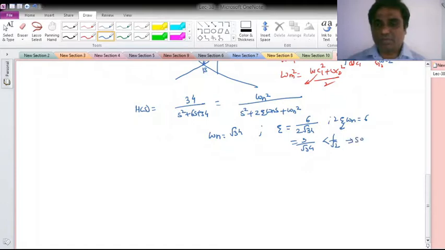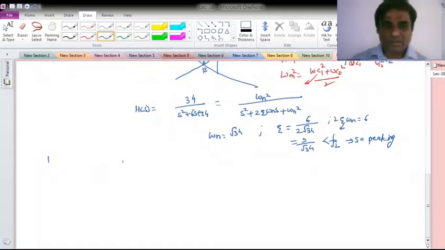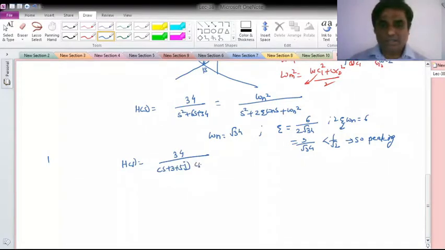So peaking exists. If I find the roots, H of s will be 34 divided by (s plus 3 plus 5j) and (s plus 3 minus 5j).